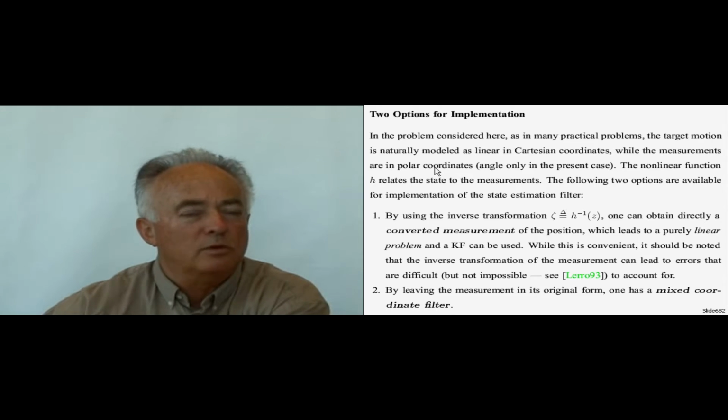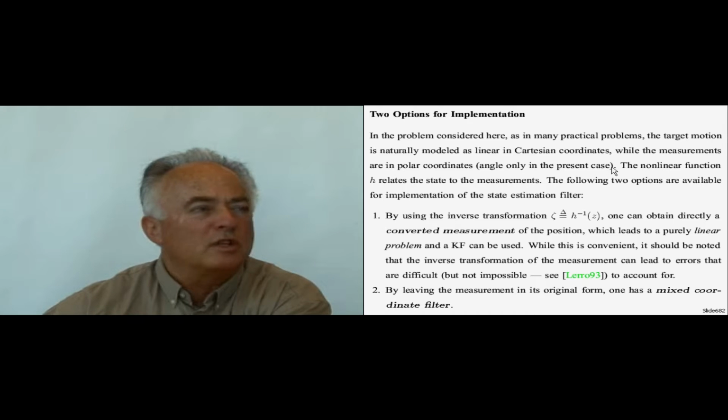Most sensors will not measure in Cartesian. In this case, it's really a partial measurement from polar. We don't get the range, we get only an angle, and that's because it is a passive sensor. The nonlinear function h is the one that relates the state to the measurements.